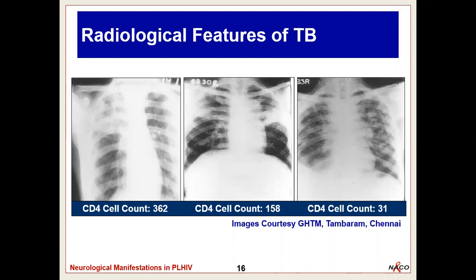On the right side, the CD4 count is 31. The X-ray typically shows bilateral disease with dissemination to the pleura. You can see the right pleural effusion and multiple radiological manifestations in the chest X-ray, which typically point towards advanced disease. That's something we'll have to keep in mind.